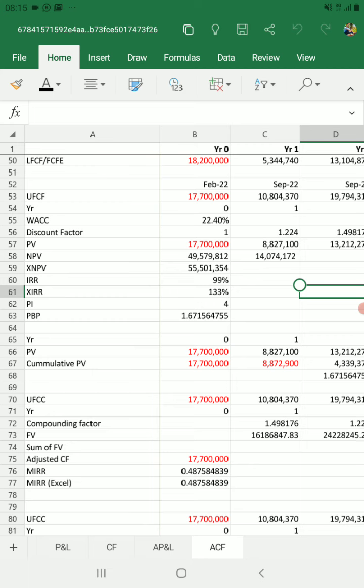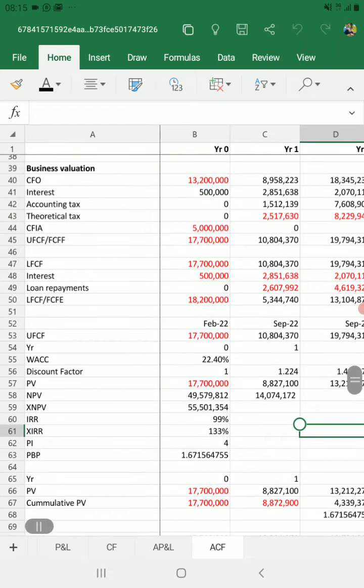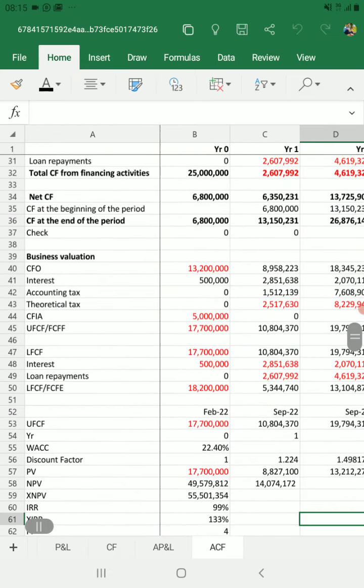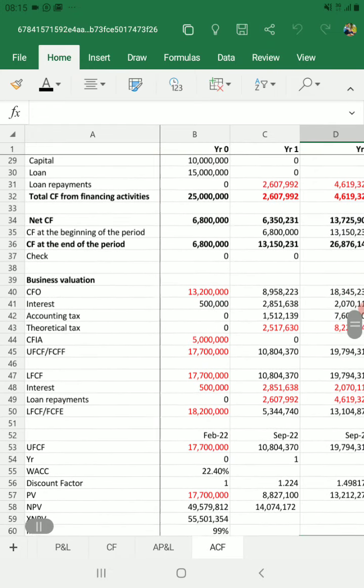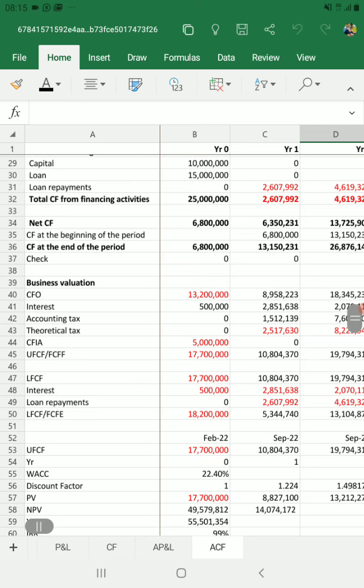So now we proceed to do valuation basing on levered free cash flow. But before we do that, let us first compute unlevered free cash flow using other methods that are normally used to do that.